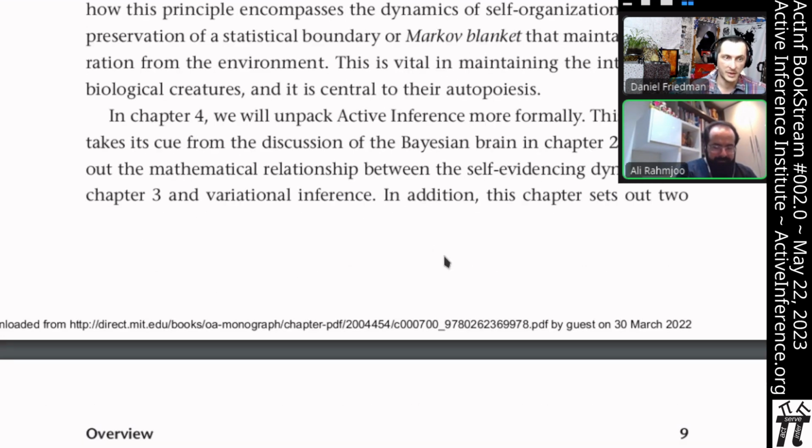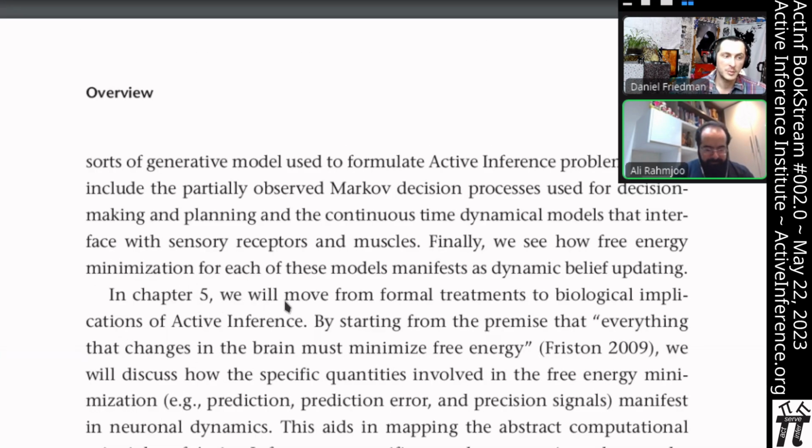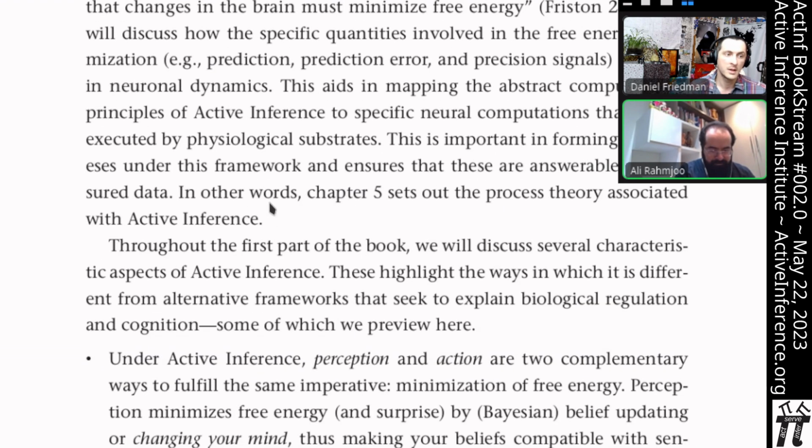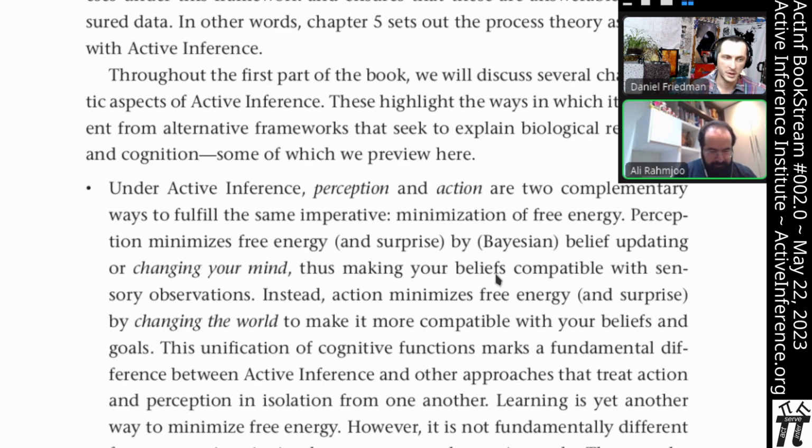That's one of the math-heavy chapters. Chapter 5 will move from formal treatments to biological implications of active inference, with a special focus on mammalian neurophysiology. It sets out the process theory associated with active inference and gives a lot of hands-on and empirical examples. That's a lot of the first part of the book.